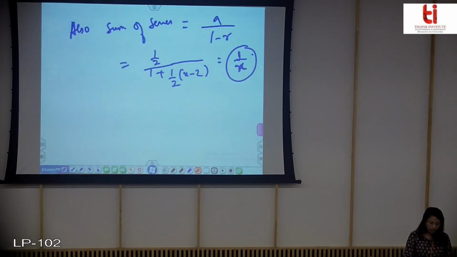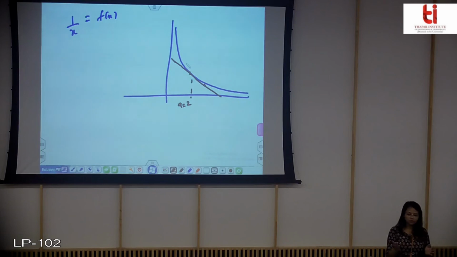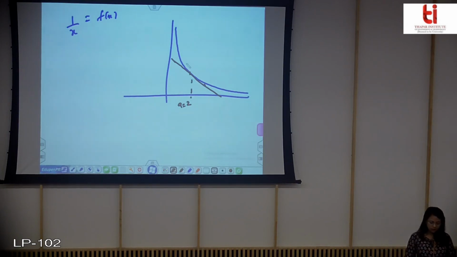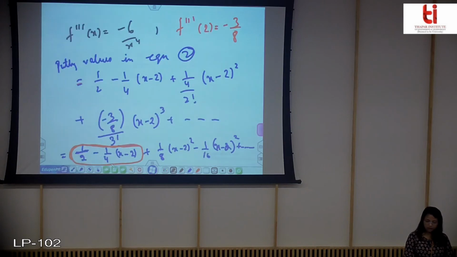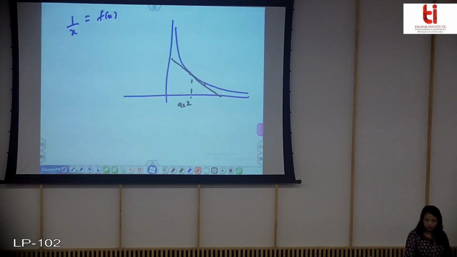If I plot it, I'll get something like this. Around a equal to 2 it will match, but further away from 2 it will have a little bit of difference. And if I consider 3 terms and then plot the graph, it will look like this.